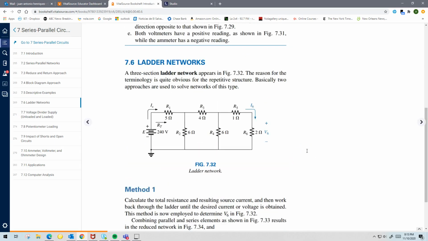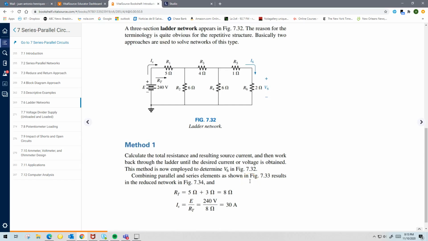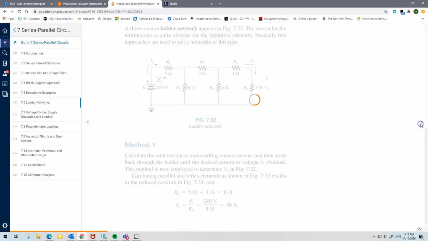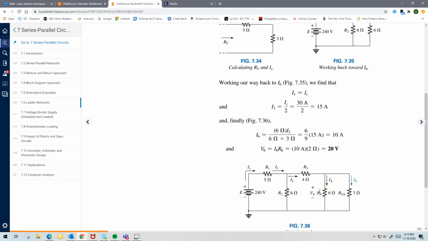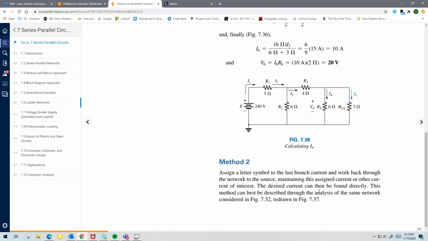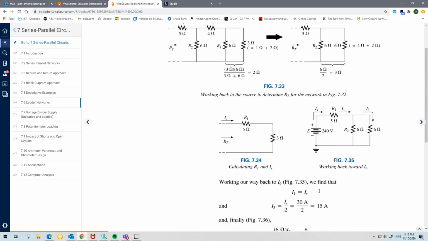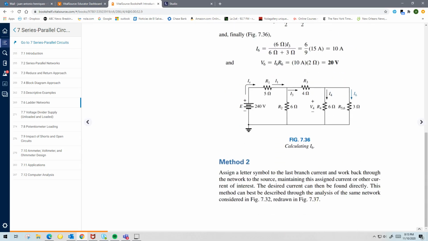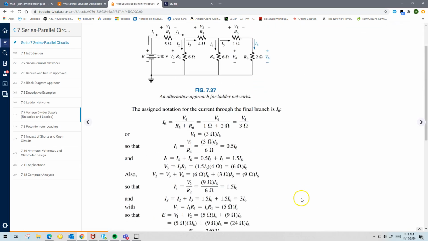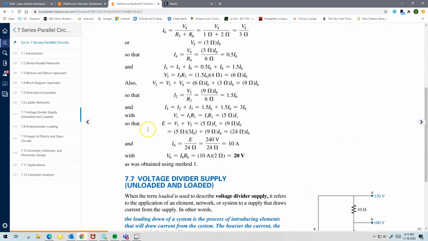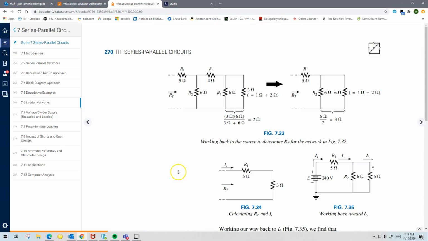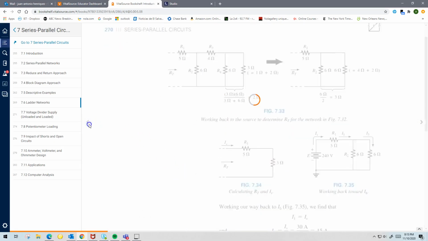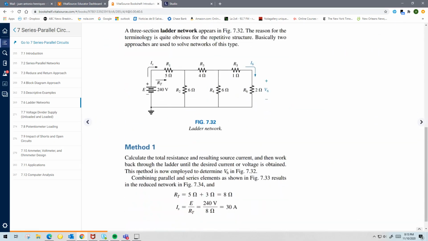And again, there are a couple of ways that you can deal with ladder networks like this. There's really not a whole difference between the two, so let's just dig into one example so you can see how it's done. That is basically the same way you did before with the block diagram and the reduce and return approach.